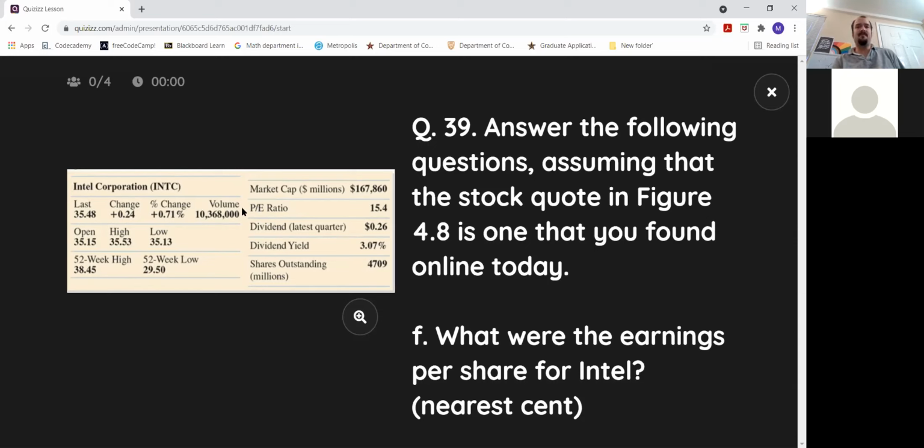So you can write P divided by E is equal to 15.4. We know our price is 35.48, so we can fill that in for P. Then we have to figure out what E is. So we do have to do a little bit of solving to figure it out. Not the most complicated thing, but it was a little bit of work.